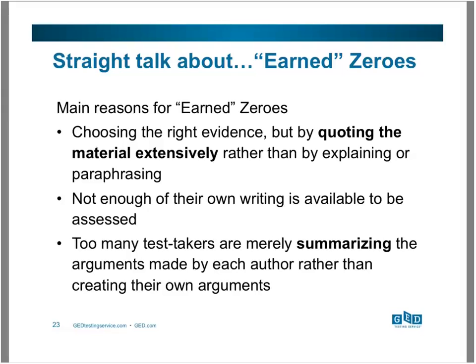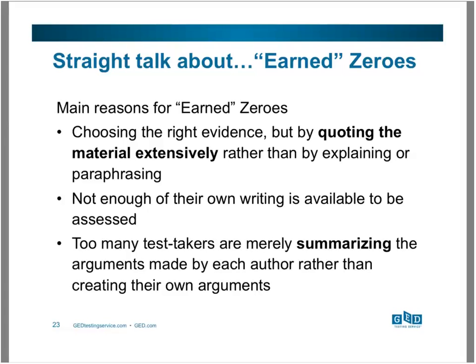But when you're really looking at the information, it is largely text material. It's not student writing. An earned zero, if there's just summarization or primarily paraphrasing of the information from one or more source texts, is going to get a scoreable 0.